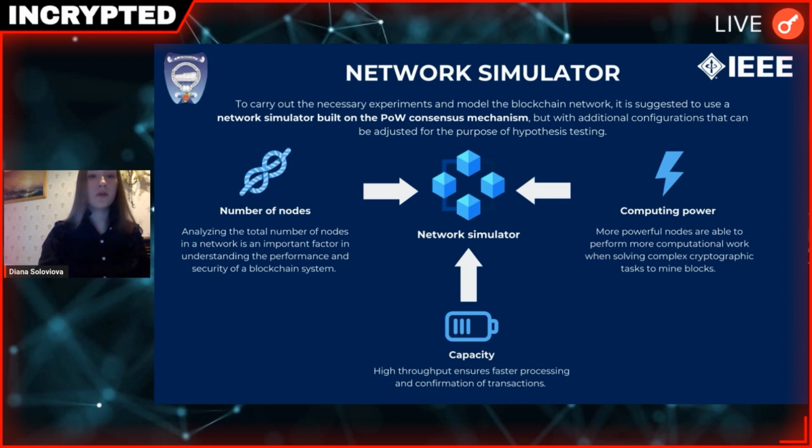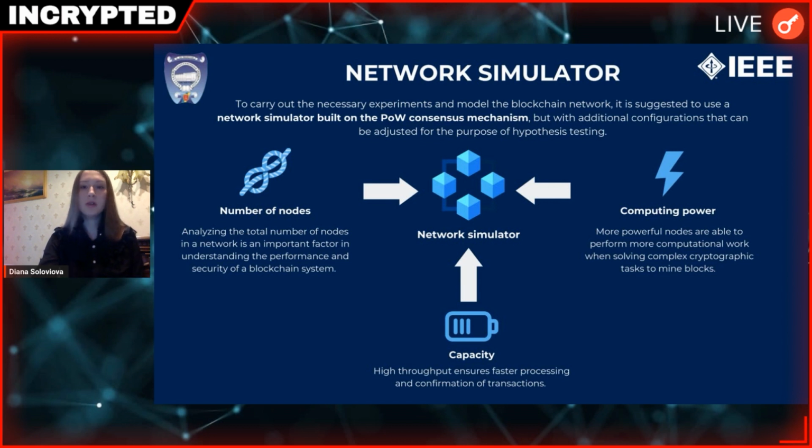Analyzing the total number of nodes in a network is an important factor in understanding the performance and security of blockchain systems. For example, a larger number of nodes helps to increase decentralization and reduce the risk of centralized control over the network. Secondly, computing power.